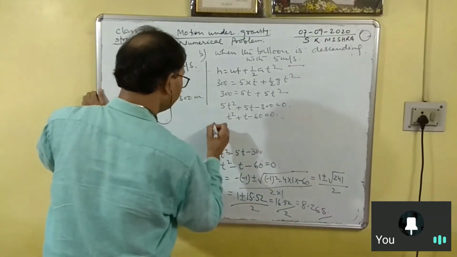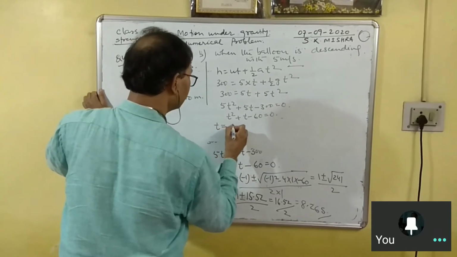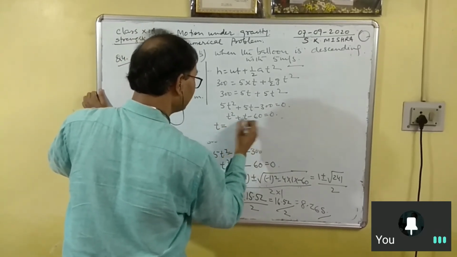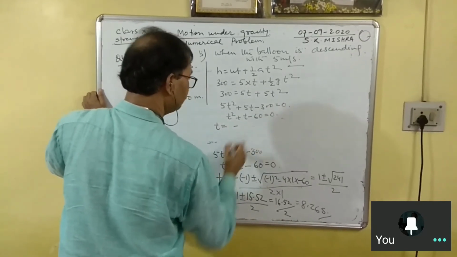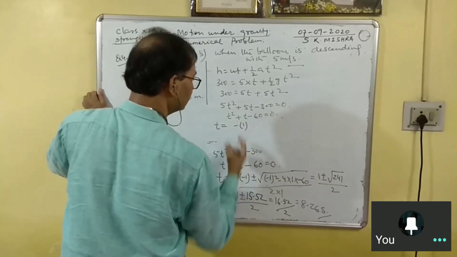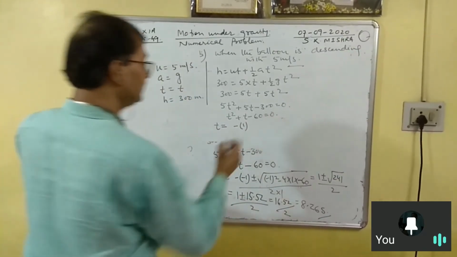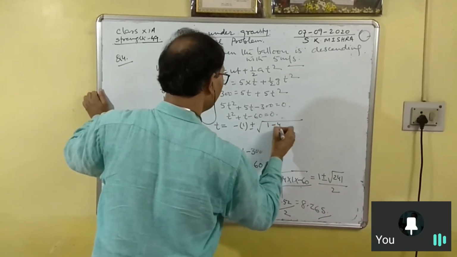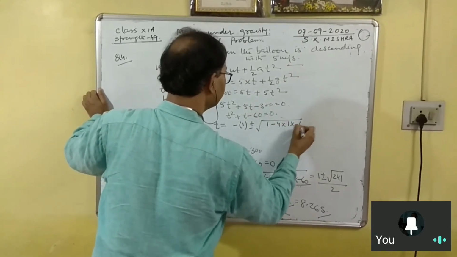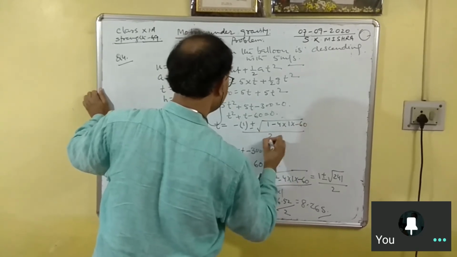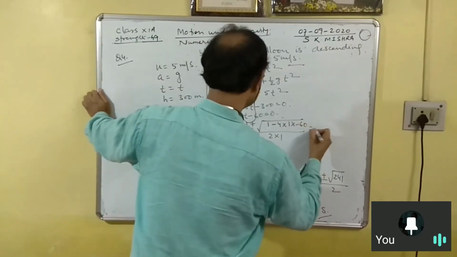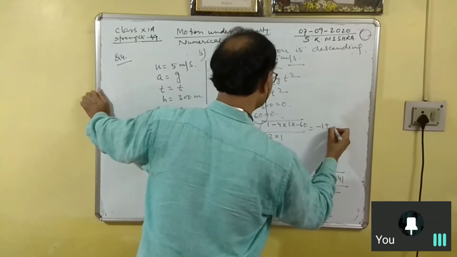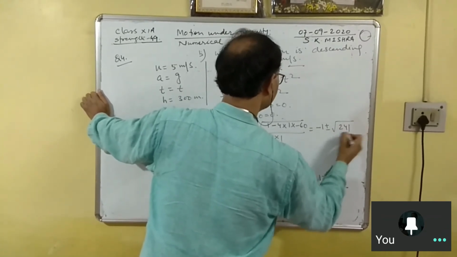So if you find T, then minus B is 1 only. Plus 1, minus B plus minus under root B square minus 4AC by 2A. So this is minus 1 plus minus under root 241 by 2.